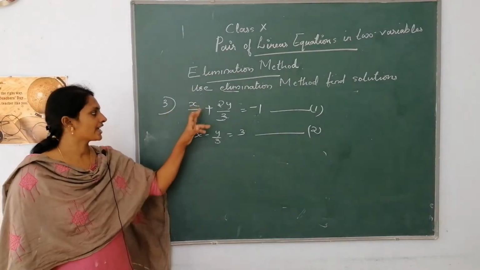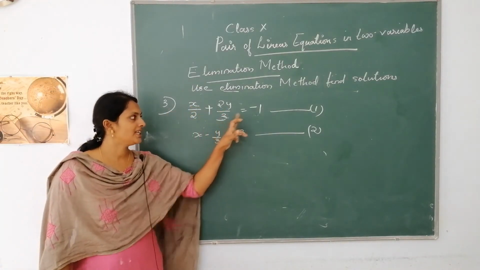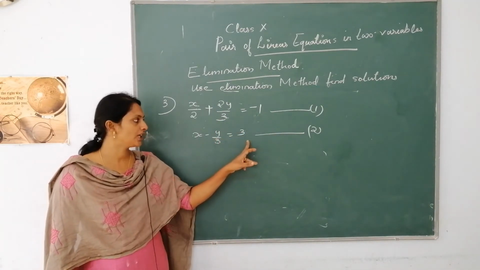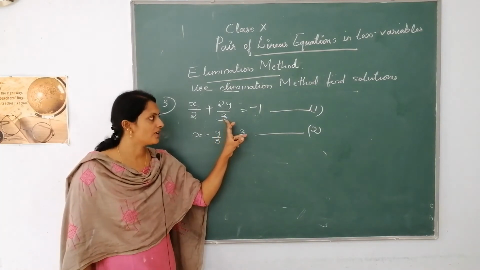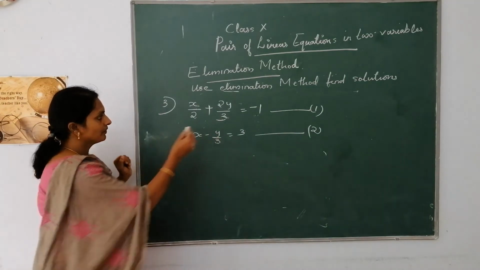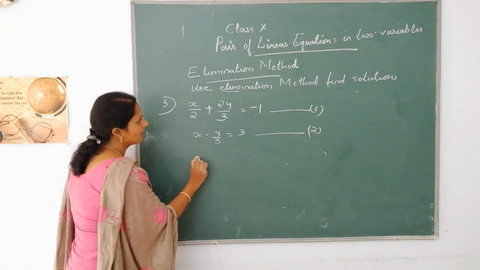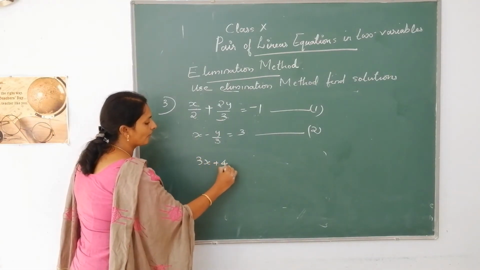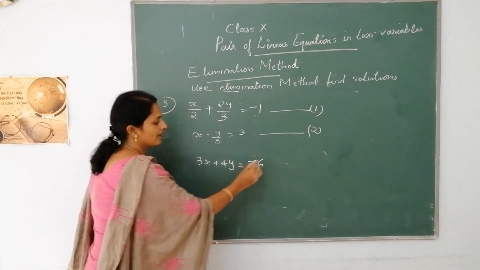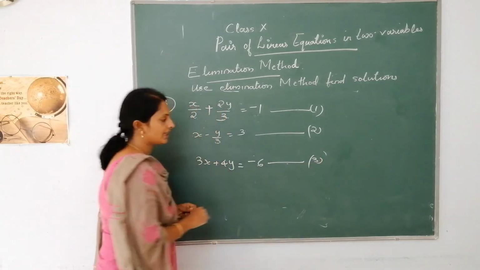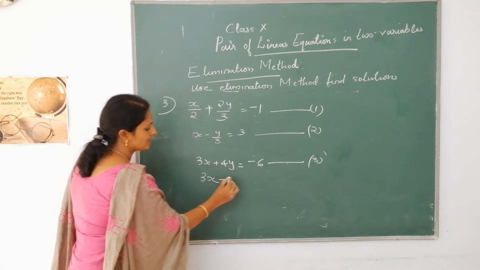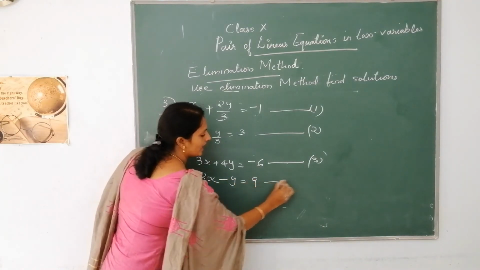Next question, x by 2 plus 2y by 3 is equal to negative 1 and x minus y by 3 is equal to 3. Consider this as the first equation and this as the second. Then the first equation becomes 3x plus 4y is equal to negative 6. This is equation number 3. And the second equation is 3x minus y is equal to 9.